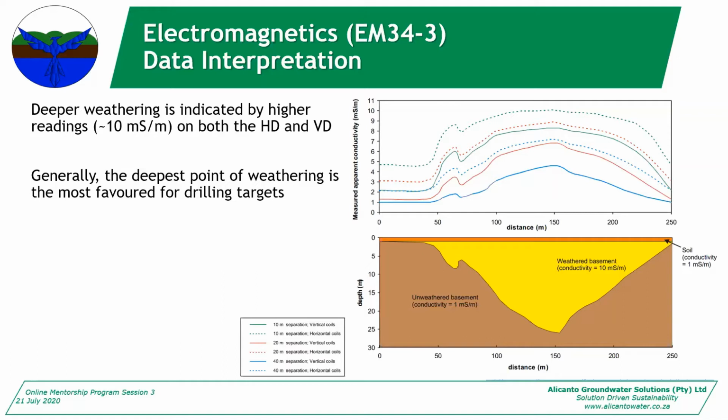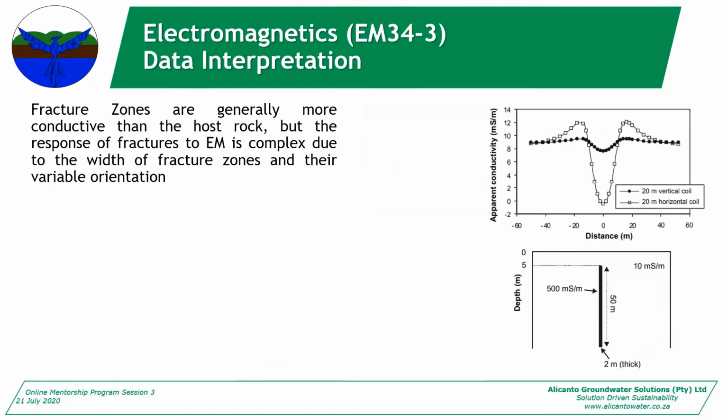Especially if the horizontal dipole matches what you see with the MAG, but the vertical dipole is just all over. Well, that we'll get to here with the fractured zone. Just hang on to your question, and once I've gone through the fractured zones and you see the sort of shapes that we get, then we can go back to what you were saying. All right, thank you so much.